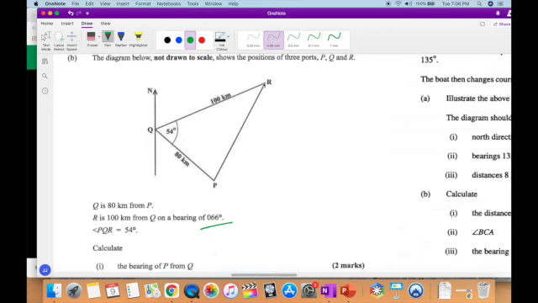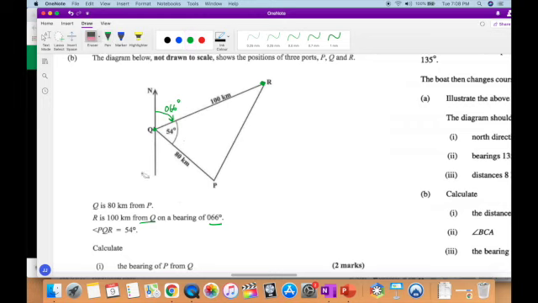Where on the diagram does that 066 angle go? It would be on the north line next to Q, in a clockwise direction. This is 066 degrees, because R is 100 kilometers from Q on a bearing of 066 degrees.